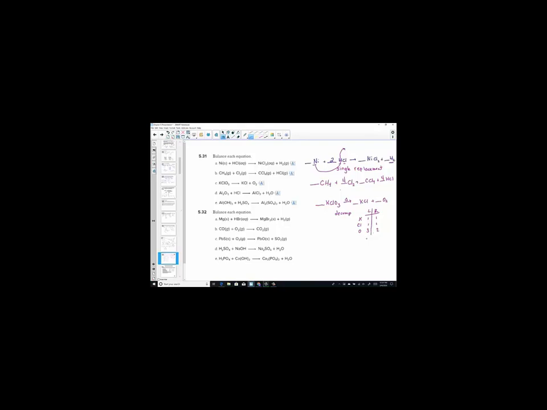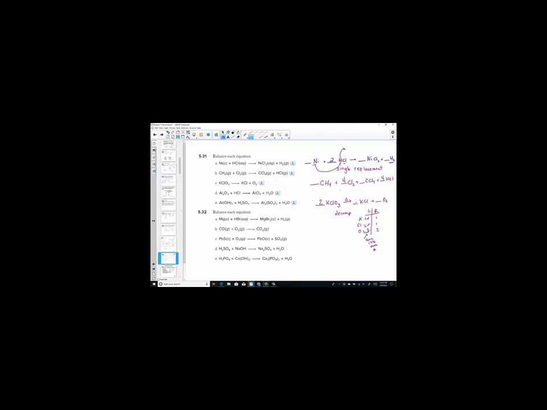I'm going to turn this into an even number. And to do that, I'm going to double it. Let's double the KClO3. And I have to turn it into an even number because there's no way I can get an O2 molecule to ever come out odd, right? It only comes as even pairs. So when I double the left, I get 2 Ks, 2 Cls, and 6 Os.